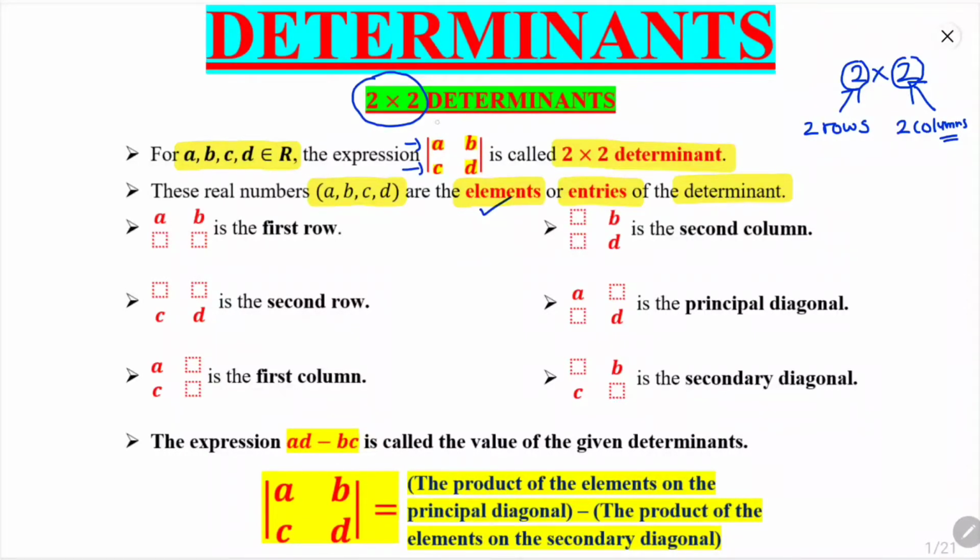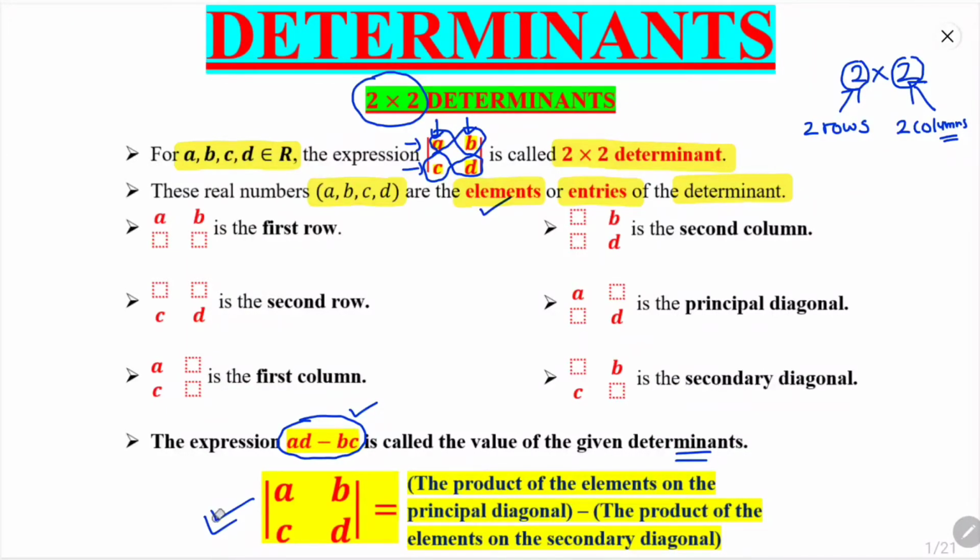Row 1, row 2, column 1, column 2. This is principal diagonal, this is secondary diagonal. Okay, so the expression ad minus bc is called the value of this determinant.